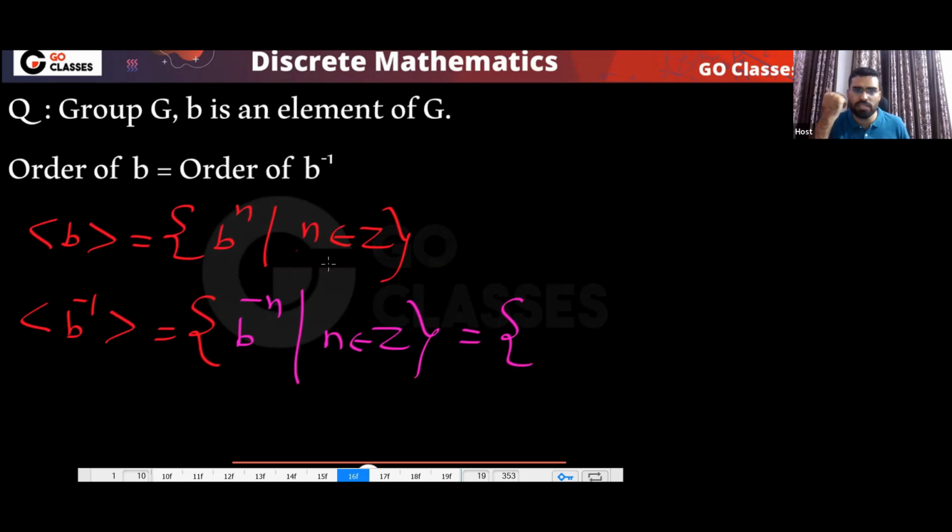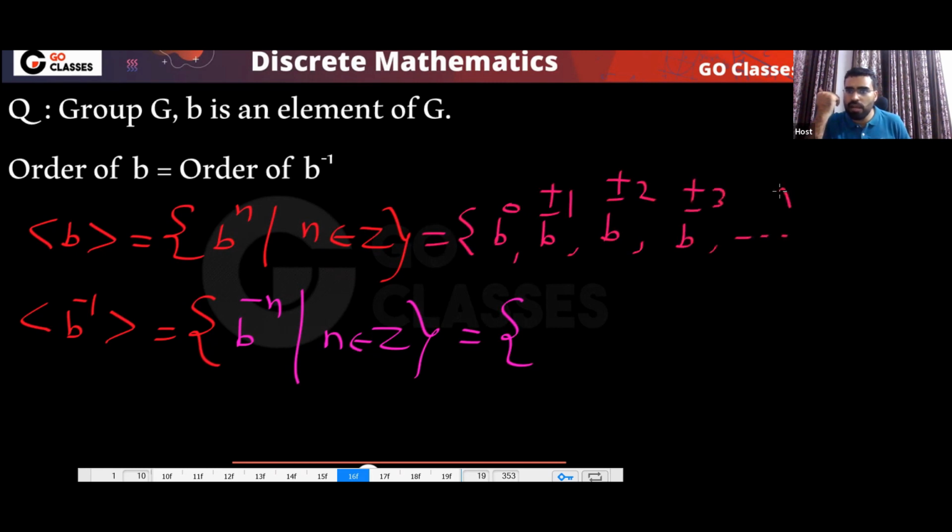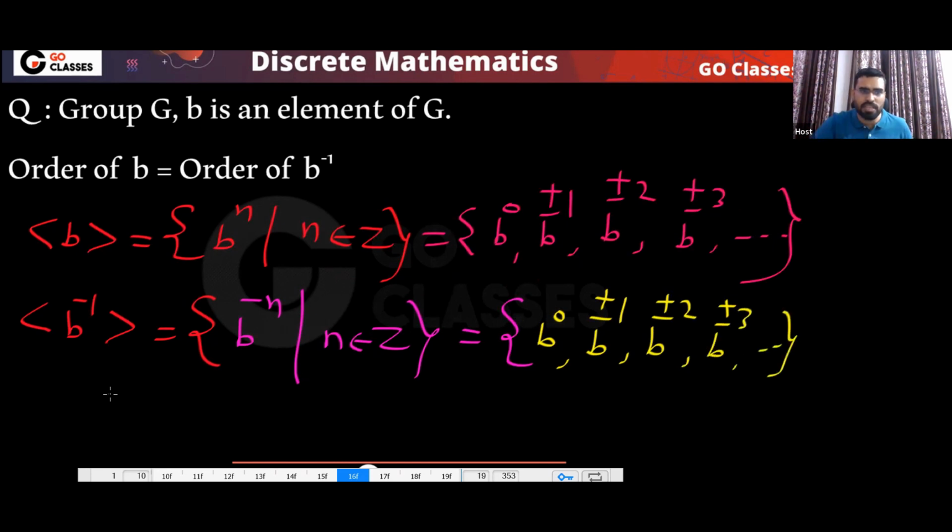Actually, both are the same. You can check. This is B power 0, B power plus minus 1, B power plus minus 2, B power plus minus 3, and so on. And this is also B power 0, B power plus minus 1, B power plus minus 2, B power plus minus 3, and so on. So both are actually the same.